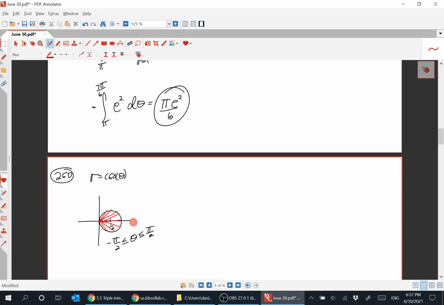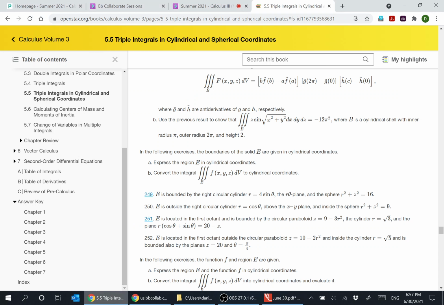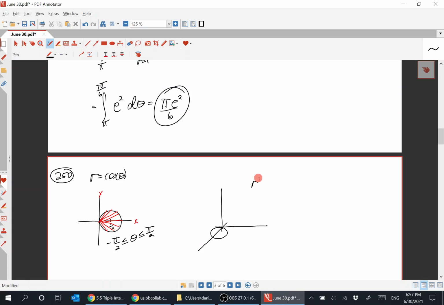And then we're talking about that cylinder above the xy plane and inside the sphere of radius 3. Right, so we got r squared plus z squared equals 9. So that's just x squared plus y squared plus z squared equals 9.